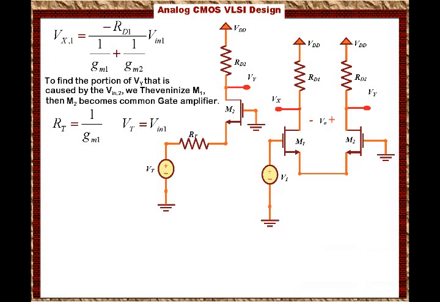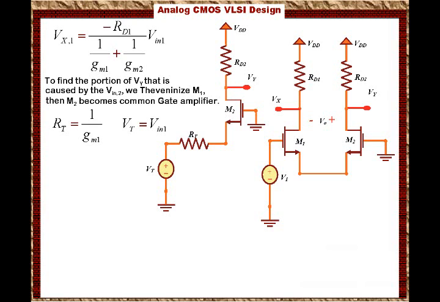Right? So these are by inspection. Remember, Thevenin says disconnect the load, so you disconnect M2, and then we look at the output resistance. The output resistance into the source is basically 1 over Gm, and the gain from the gate to the source is unity if the output resistance is infinity, and lambda is 0.